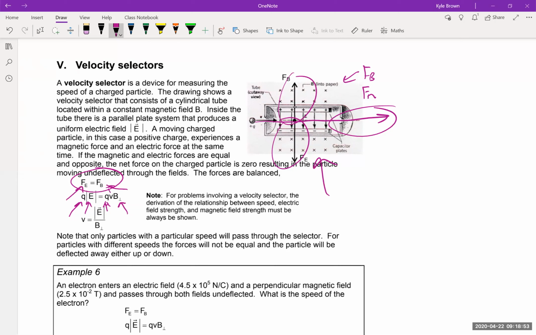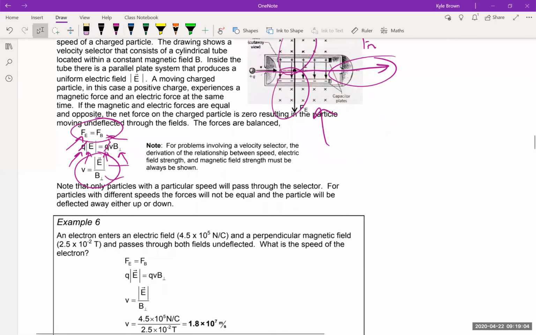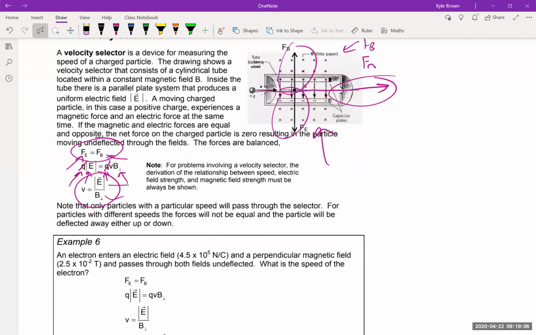Then the charges cancel and we get the equation v is equal to the electric field strength over the magnetic field strength. So we can figure out how fast that particle was going based on just those two things that we set up in our experiment. Those are all things we can control.